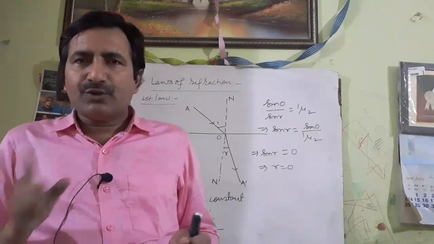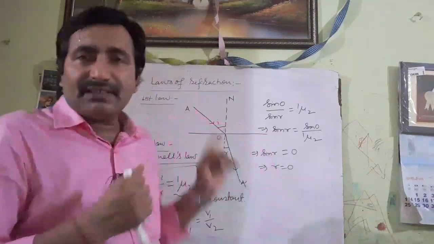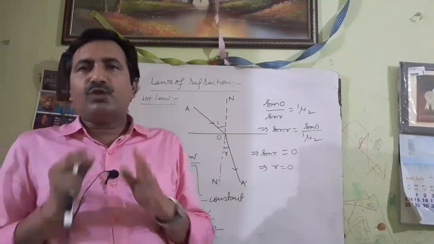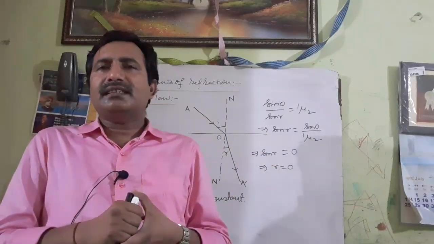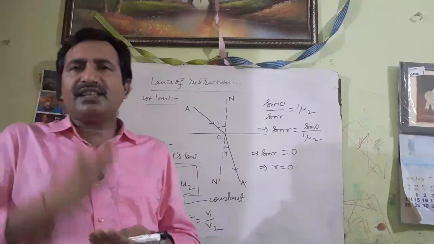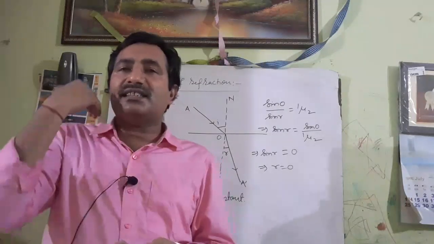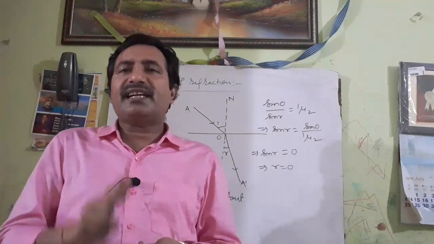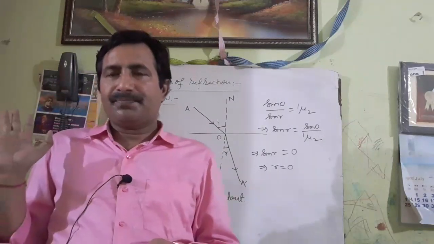Is it clear? So today you learnt relative refractive index, you learnt the laws of refraction, you learnt the conditions in which a ray of light changes its media, but refraction is not taken into account.